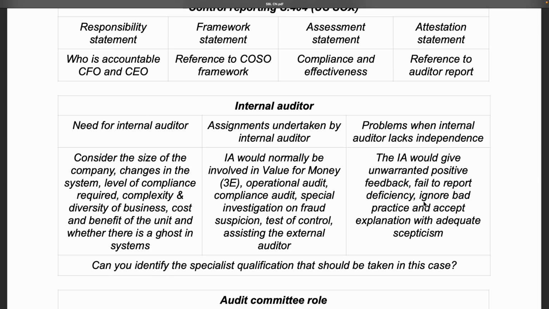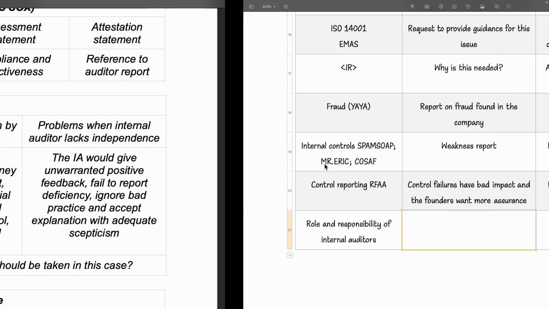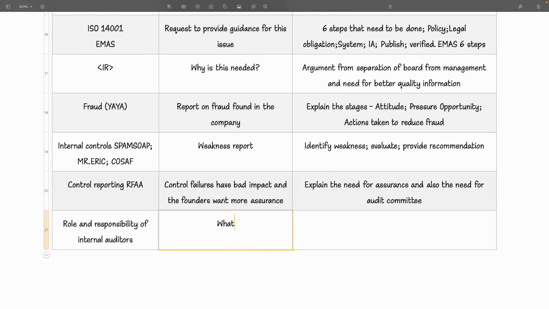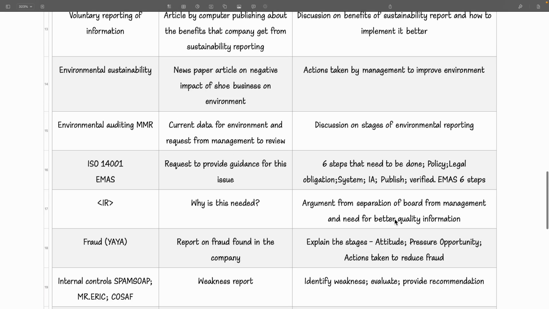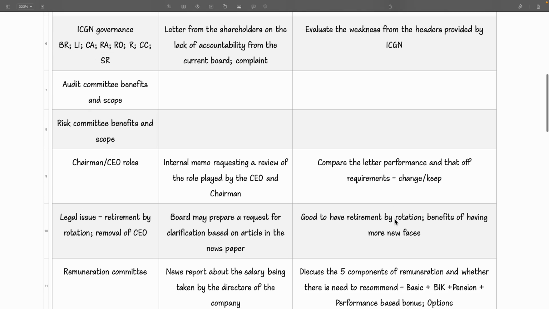I would suspect more on the problems with internal auditor lack independence and what type of assignment that might be asked. So remember I left one here.